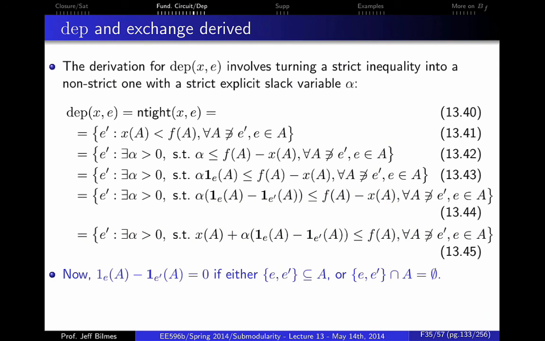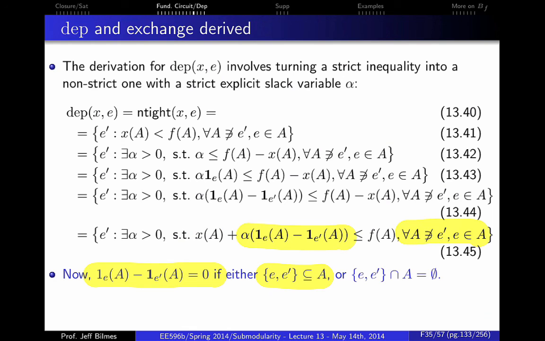Now here's a fun part. Basically, what we're going to do is eliminate this stuff over there. So in this particular case, in 13.45, we've got this additional constraint, which basically says that E has to be in A, and E prime can't be in A. But what if it was the case that they were both in A, right? If E and E prime are both in A here, then we'd get that this vector is 0, and this addition would become vacuous.